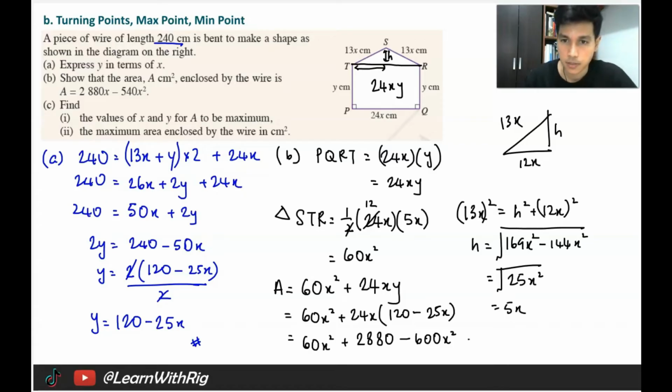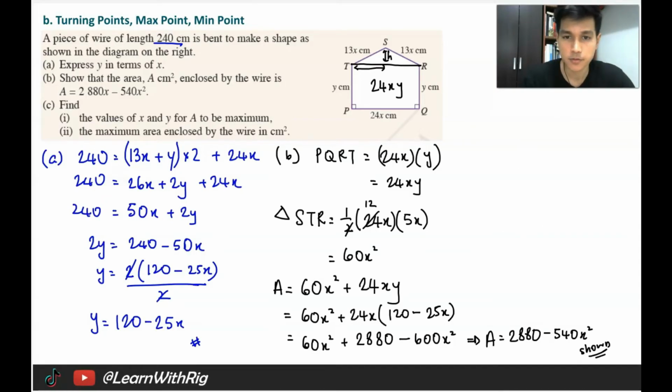Let me just write this side, no space already. So A equals 60 minus 600, you should get negative 540. But I'm going to write this first, 2880 minus 540x square. So it is shown, similar to what they wanted.